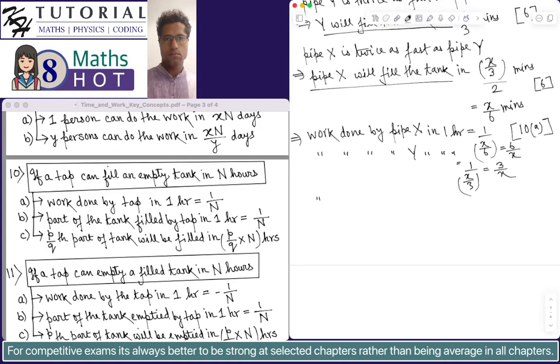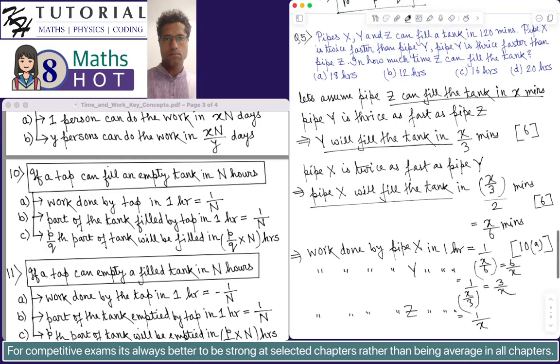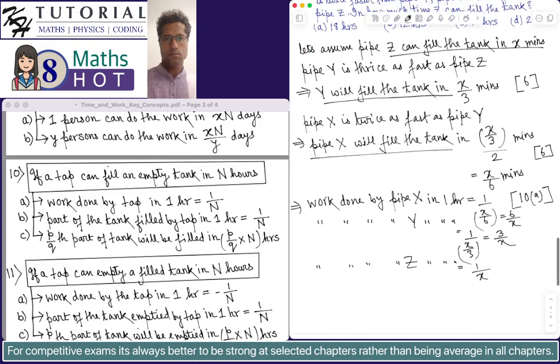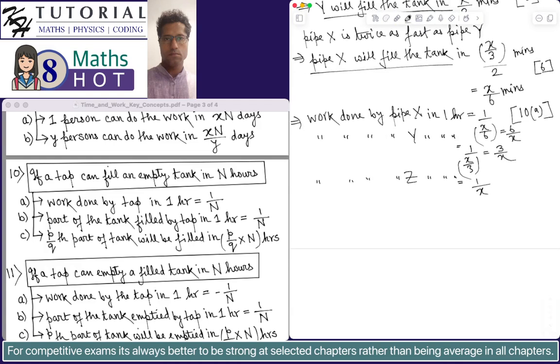Similarly, work done by pipe Z in 1 hour will be equal to 1 by x. Since we have assumed Z can fill the tank in x minutes, this is 1 by x.